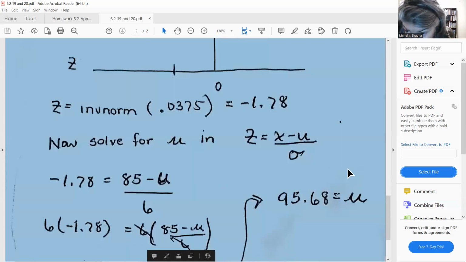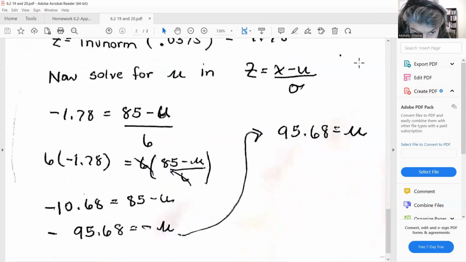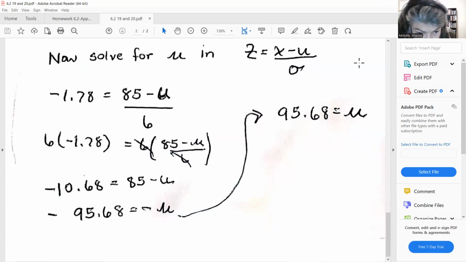Now again, we multiply both sides by the denominator. So I'm going to multiply both sides by 6. 6 times a negative 1.78, we have this.